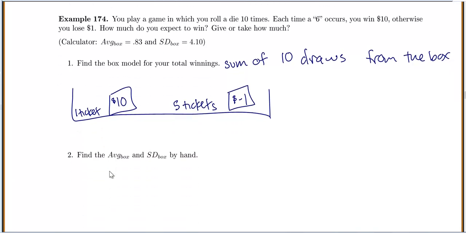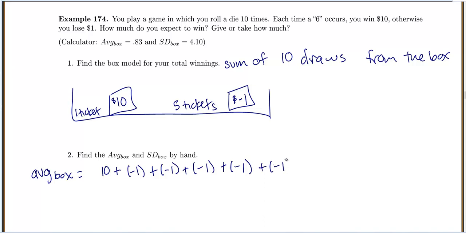Now we can find the average of the box and the standard deviation of the box by hand. So to find the average of the box, how do you find the average of the box? You add up all the numbers and divide by how many numbers there are. So there's 10, plus my next number is a -1 and a -1 and a -1 and a -1 and a -1, because remember we had 5 -1s, 5 tickets with a -1.